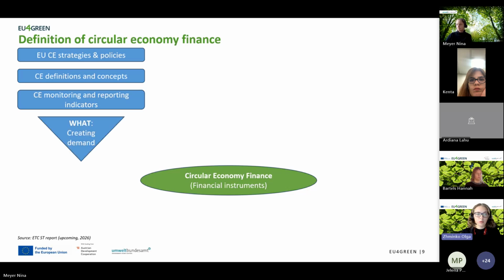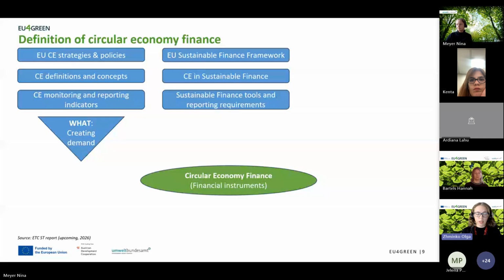And then afterwards, what contributes is the EU Sustainable Finance Framework, because in the sustainable finance framework, circular economy is also considered, and in sustainable finance tools and reporting requirements, circular economy is reflected. So some language definitions are used.